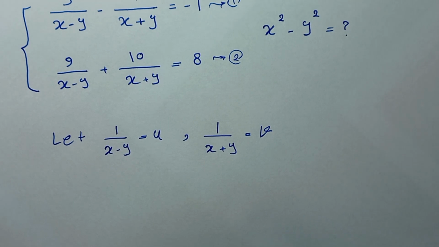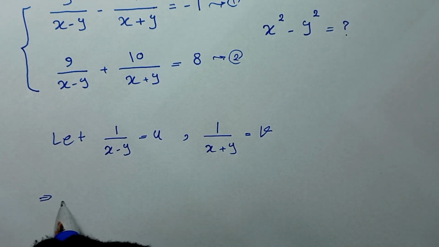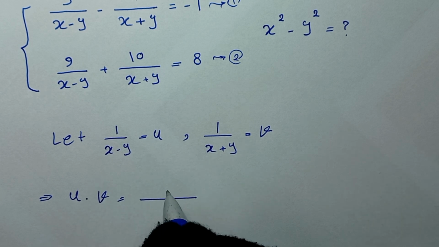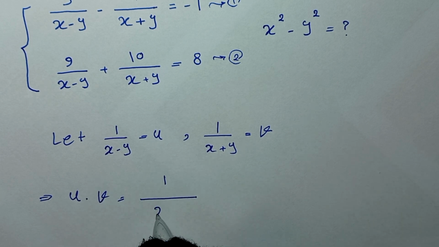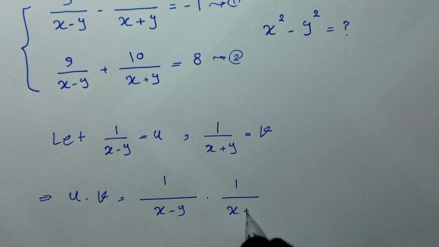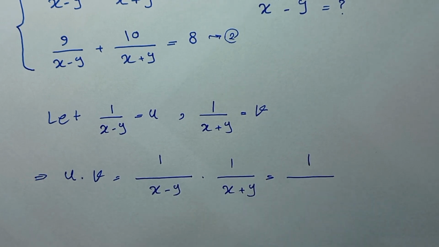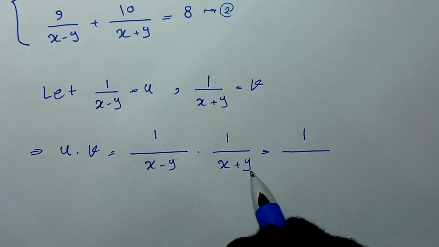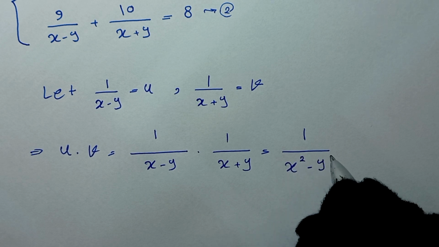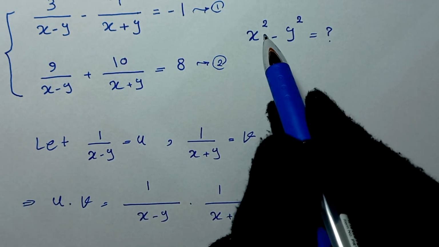And in next step, if we multiply u times v, in here, u times v is equal to 1 over x minus y times 1 over x plus y. And it will be 1 over this times this, it will be x squared minus y squared. And we want to find the value of x squared minus y squared.